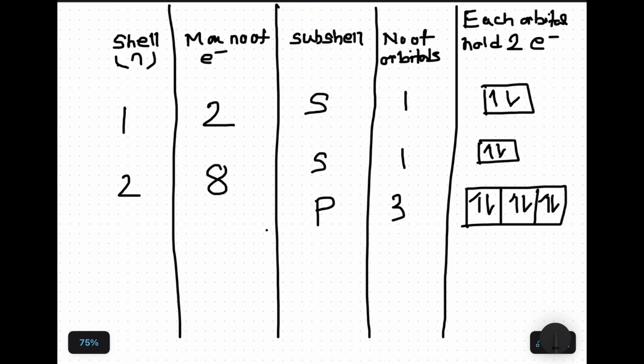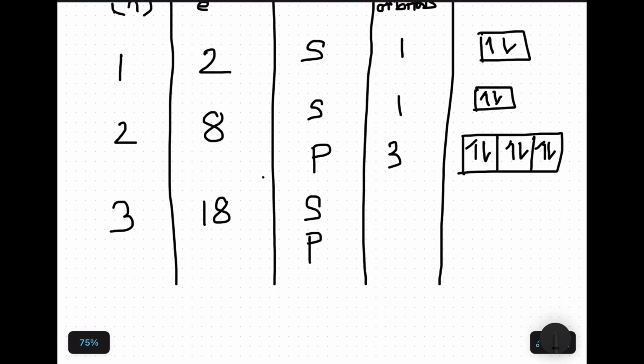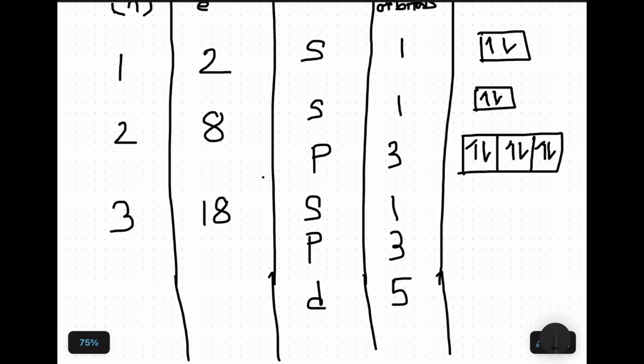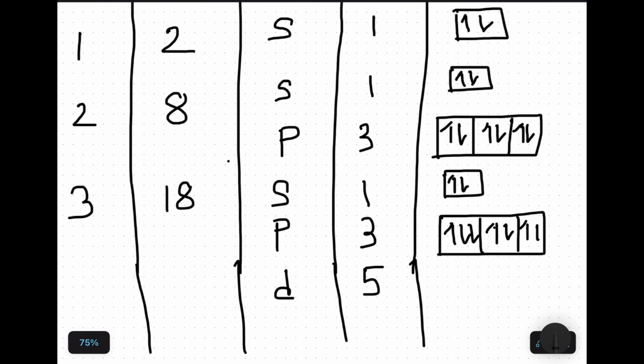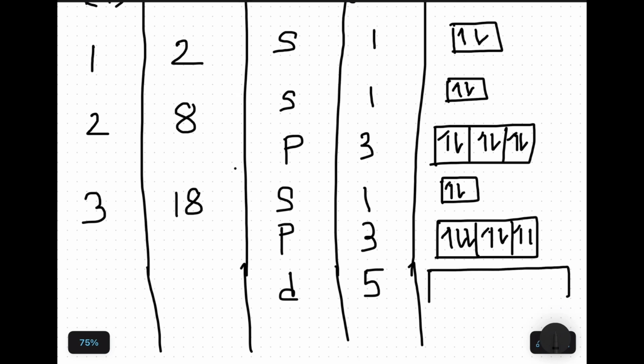Next, when the cell number is 3, the maximum number of electrons is 18, and the possible subcells here are S, P and D. The number of orbitals is 1, 3 and 5, and this is the S orbital, this is the P orbital, and this is the orbitals of the D subshell.